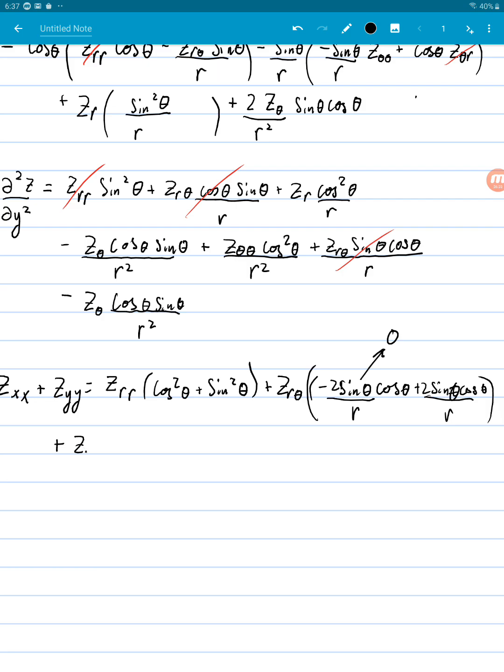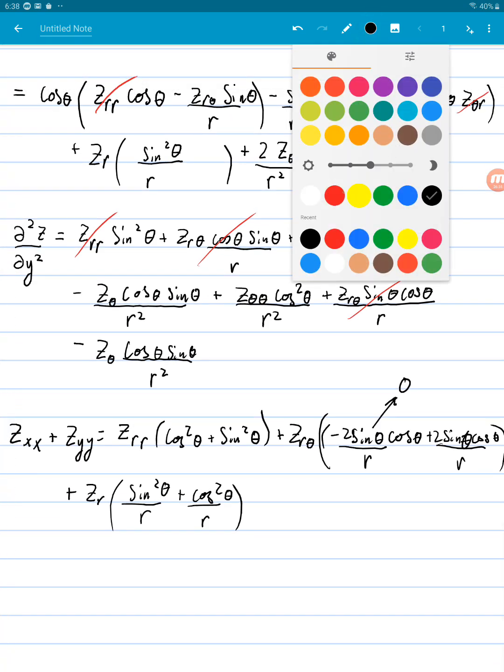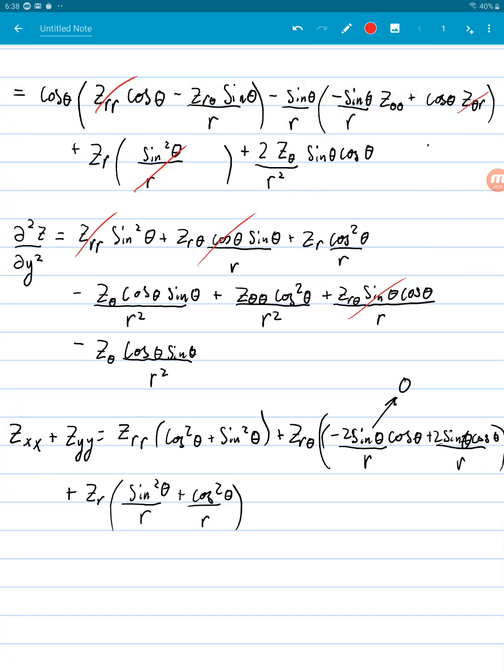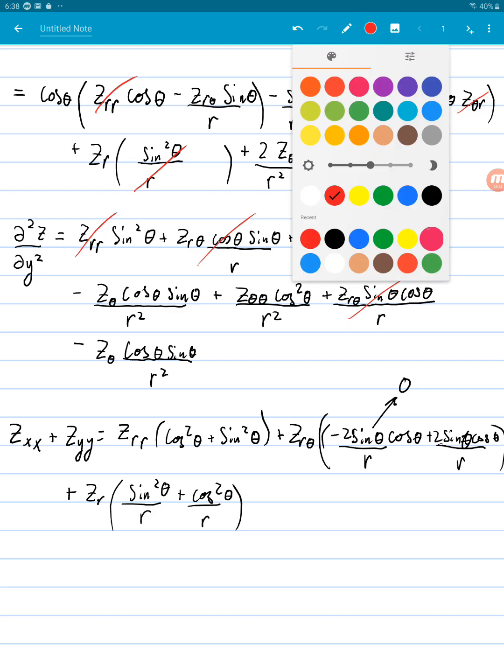Then looking at our z sub r's, we'll have z sub r times sine squared theta over r plus cos squared theta over r, from there and there.